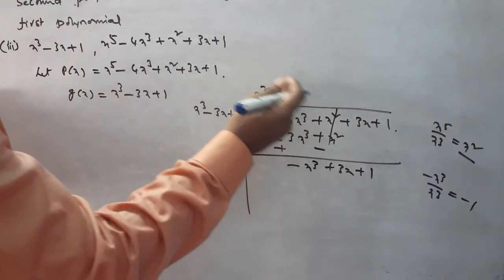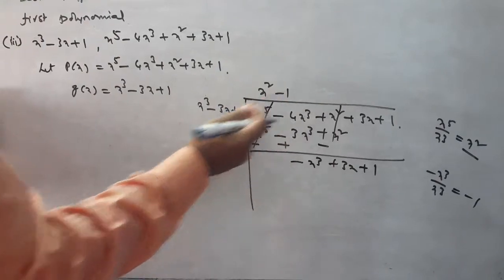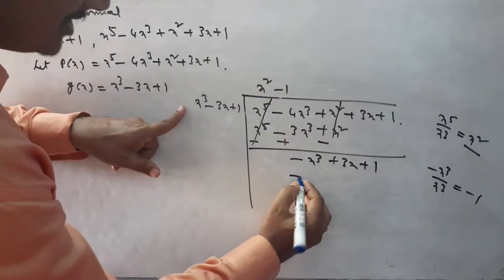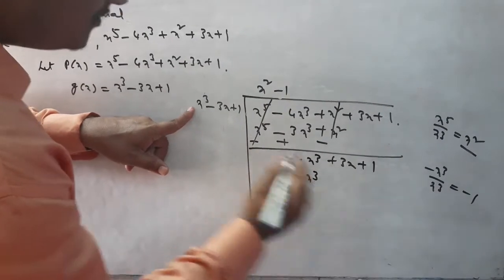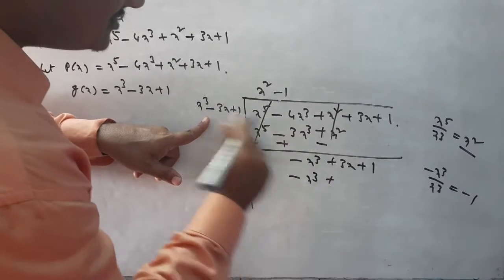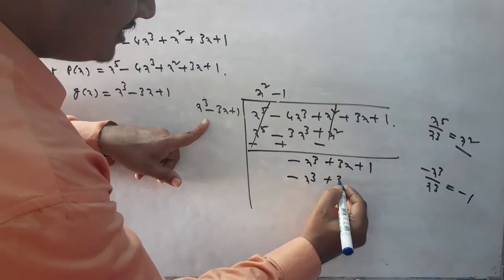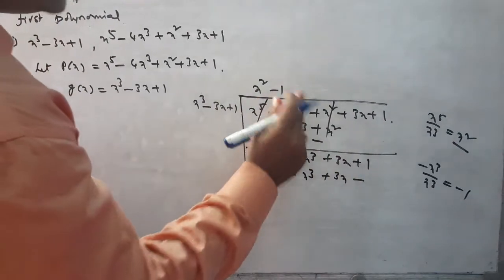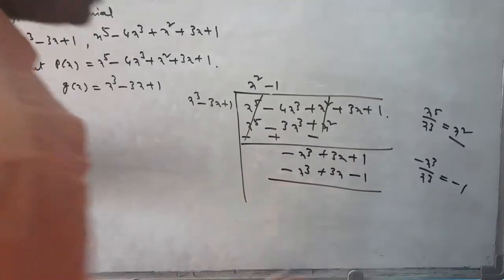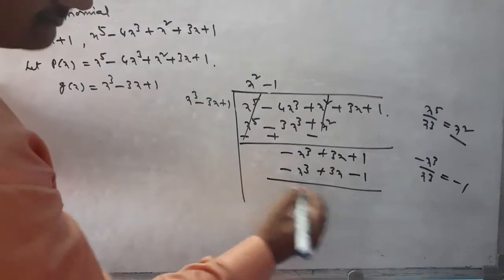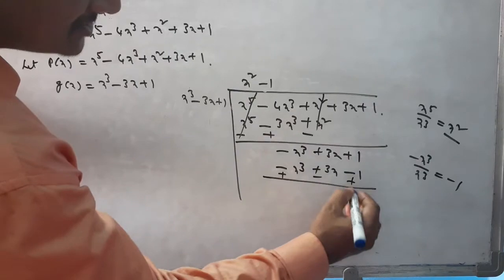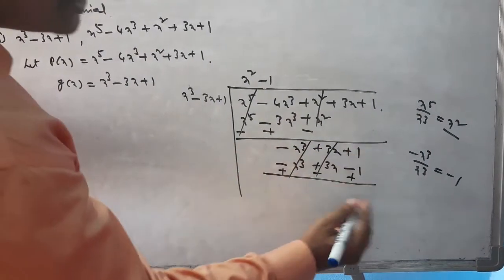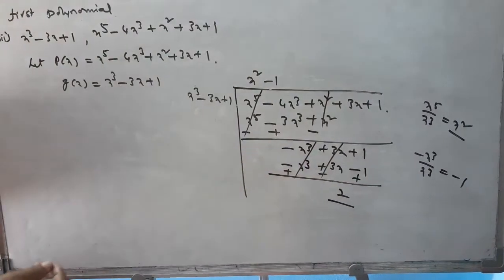Here minus 1. Now minus 1 multiply with x cube minus 3x plus 1. Minus into plus, minus x cube into 1, x cube; minus into minus plus 3x into 1, 3x; plus into minus, minus 1 into 1, we will get 1. Here sign will change, plus minus plus, these both will be cancelled, these both will be cancelled, 1 plus 1, 2. Here 2 is the remainder.